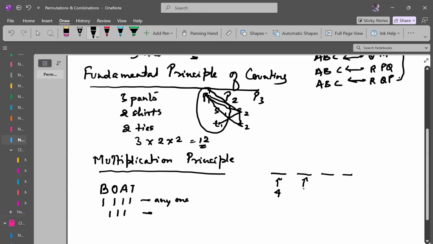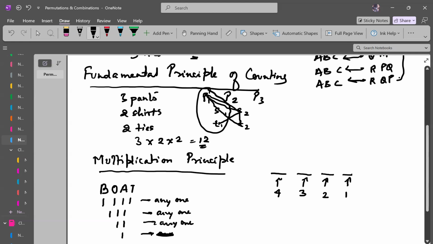Once I've done that, I'm left with two, so here I have an option of two. And then I'm left with one, this is the only possible I have. Do you agree with this?